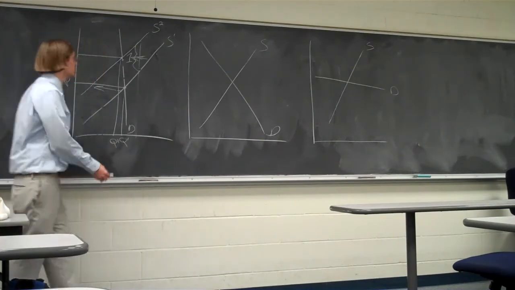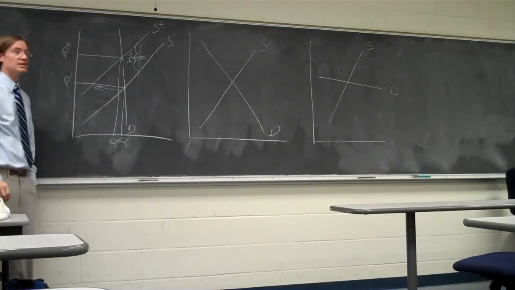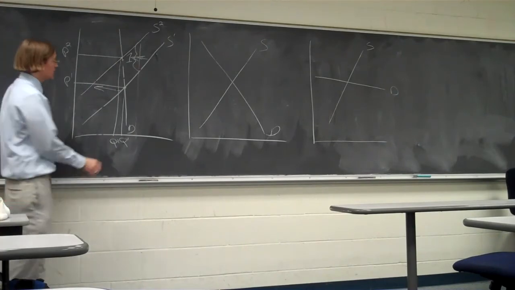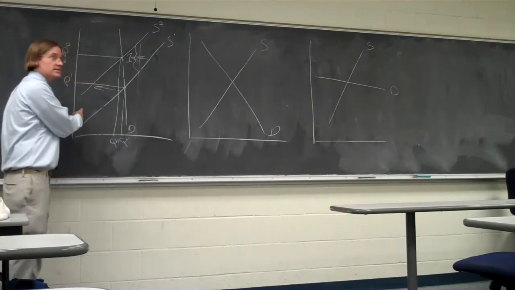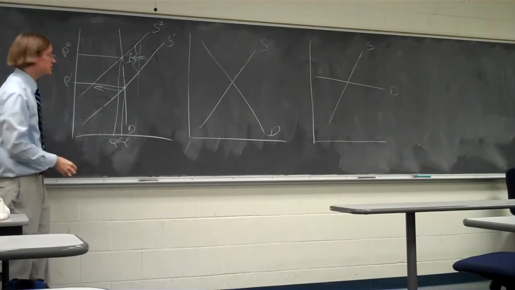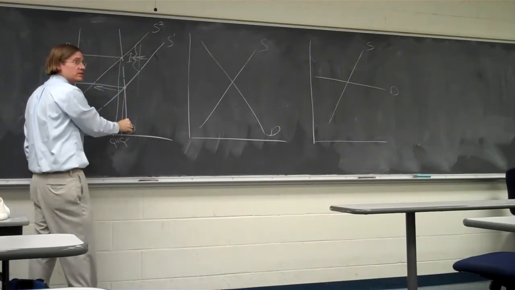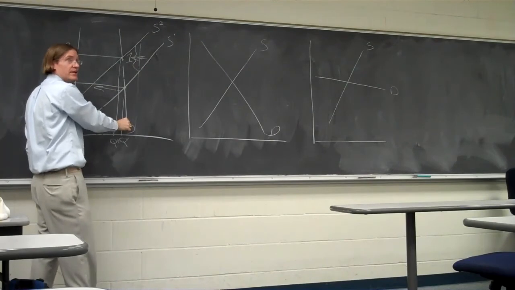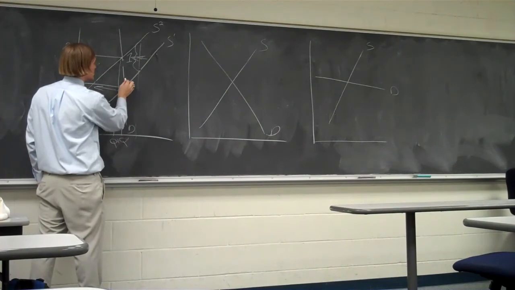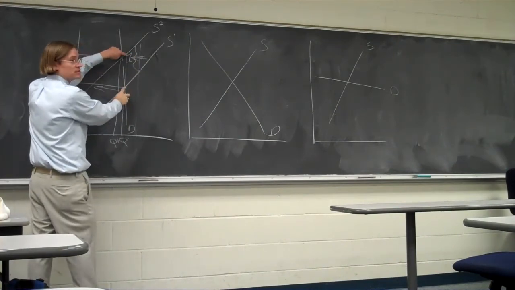So what's the new equilibrium price? How much more is P2 than P1? $1? Well, it looks in this example like it's $1. It might be close to $1, but if this demand curve is not perfectly inelastic, if it's just very inelastic, then if we go straight up from this old price, this is going to be $1 difference, right?